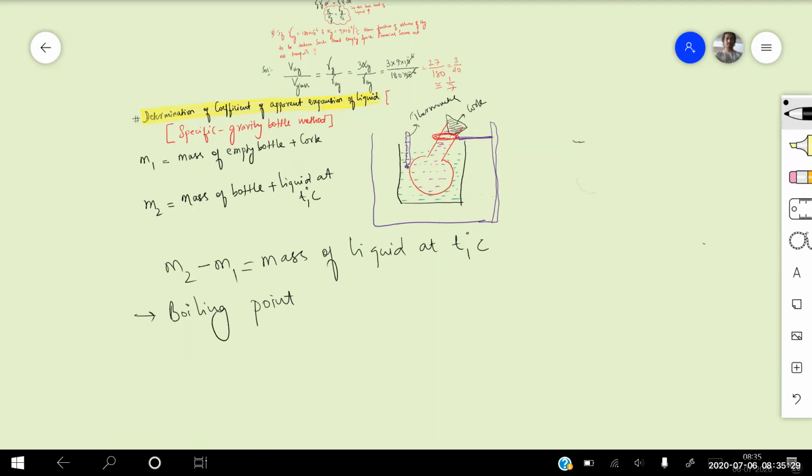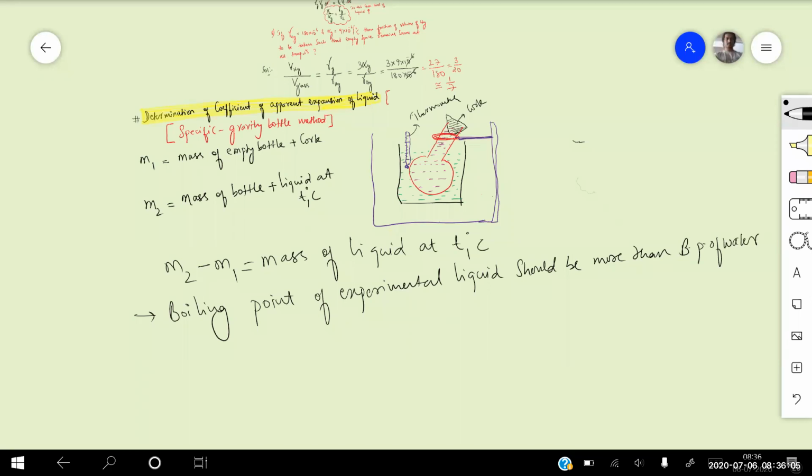The boiling point of your experimental liquid should be more than the boiling point of water.